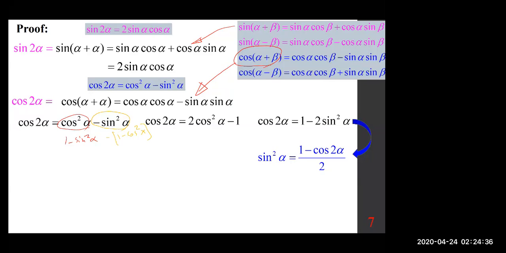You move the 1 and you divide by negative 2. If you use the second formula, and you move the negative 1 and then divide by 2, you get cosine squared alpha.